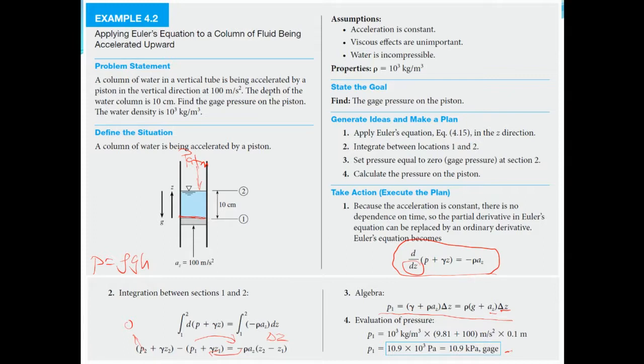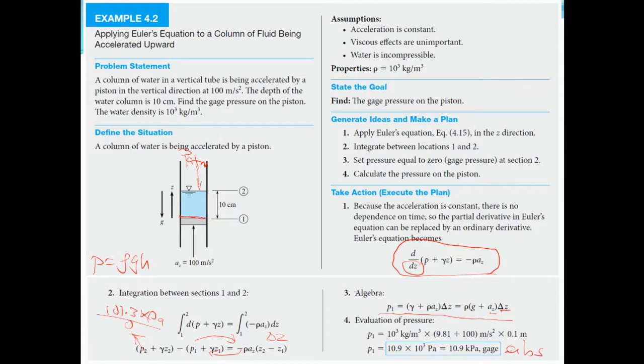What about if we say find the absolute pressure? All you need to do is, instead of setting this to 0, you will now put the atmospheric pressure here. Use 101.3 kilopascals, the atmospheric pressure. And whatever you find here is going to be absolute pressure.